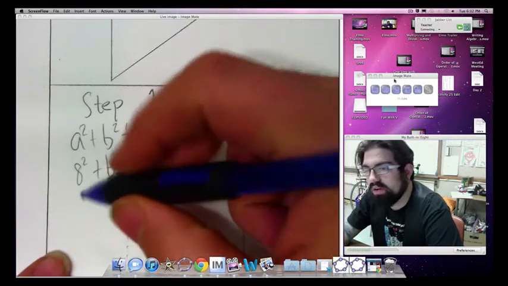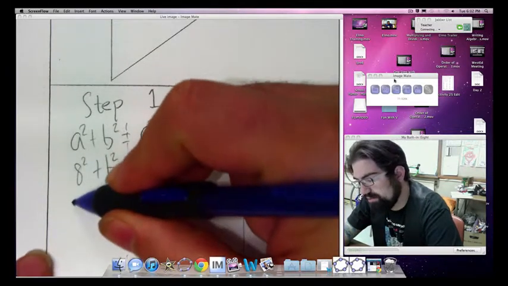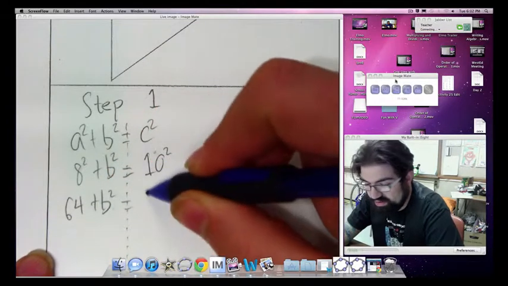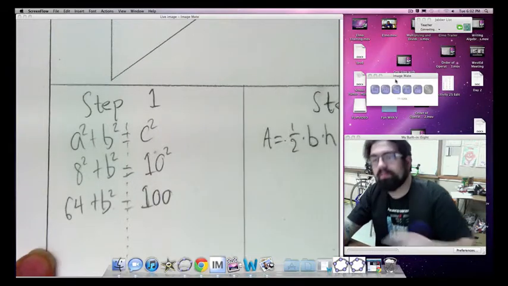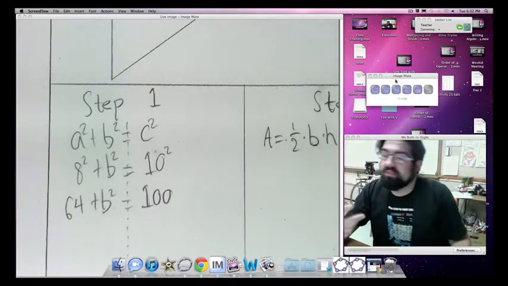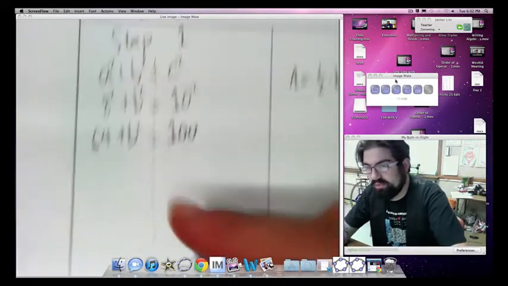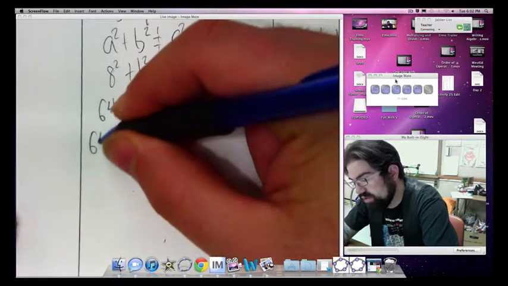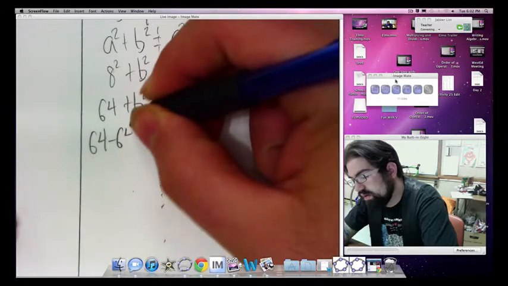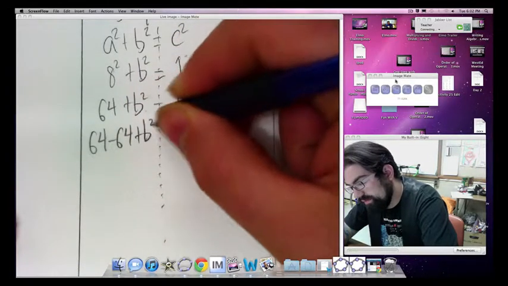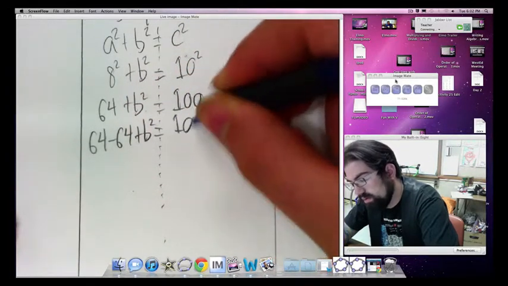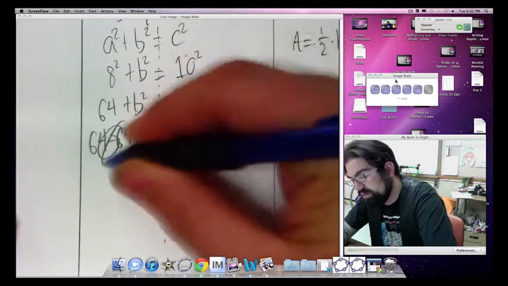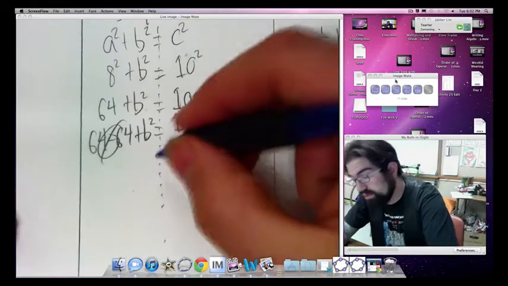Okay, well, 8 squared, 8 times 8 is 64, plus b squared, which is equal to 100. The opposite of positive 64 is negative 64, so I can subtract 64 from both sides. So b squared equals 100 minus 64. 64 minus 64 is 0.